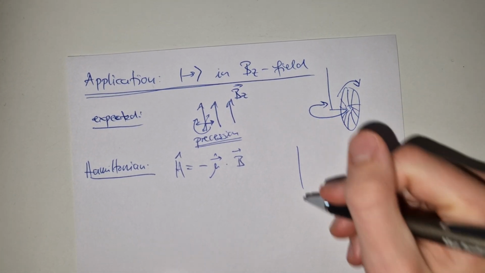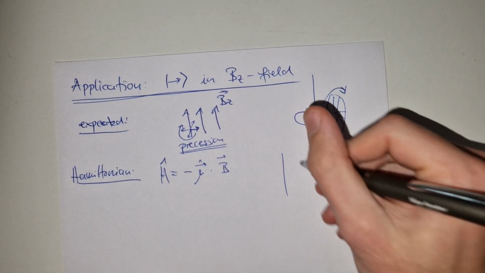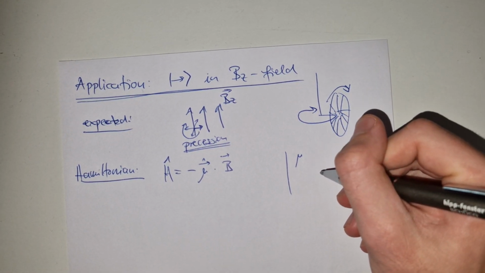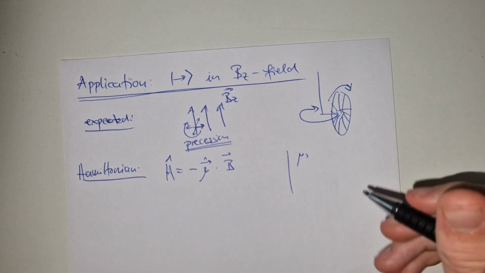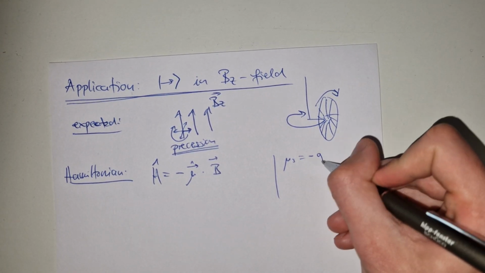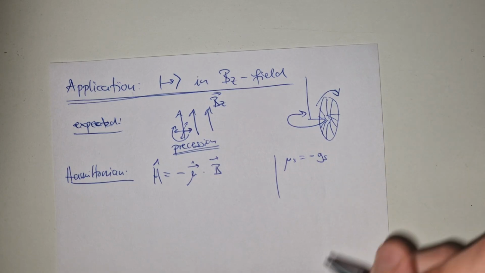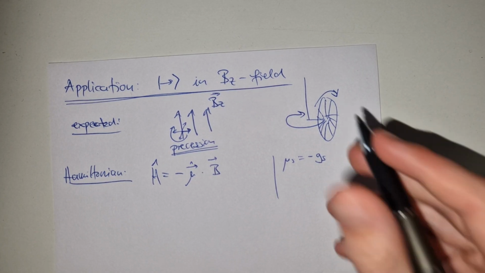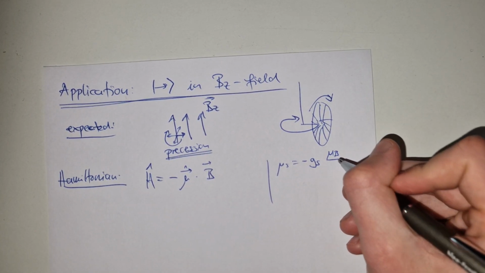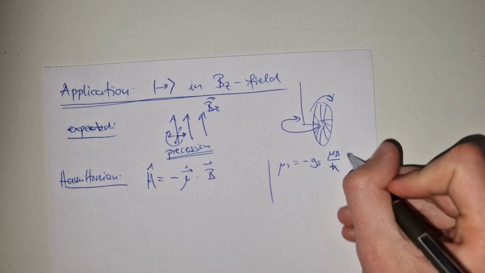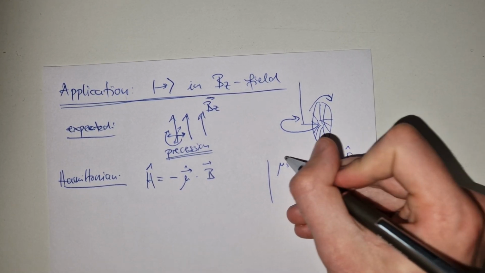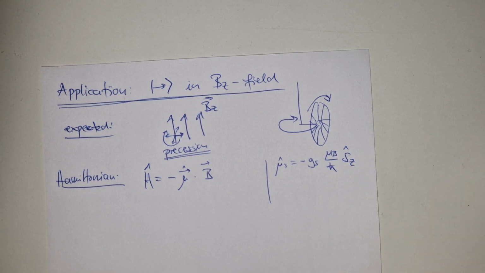A few things we have to plug in: first, we know that the magnetic dipole moment of a spin is minus the Landé G factor, which is about 2, so just a coefficient, times the Bohr magneton, which is also just a number, divided by h bar, which is also just a number, multiplied with the spin operator, in this case in the z direction.